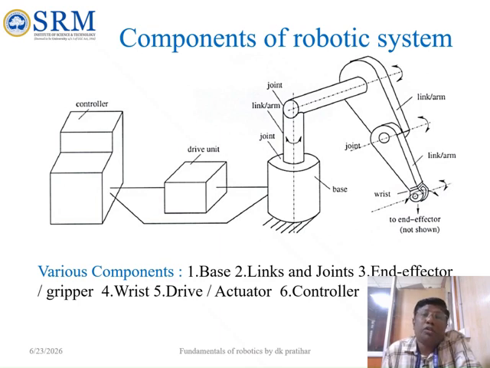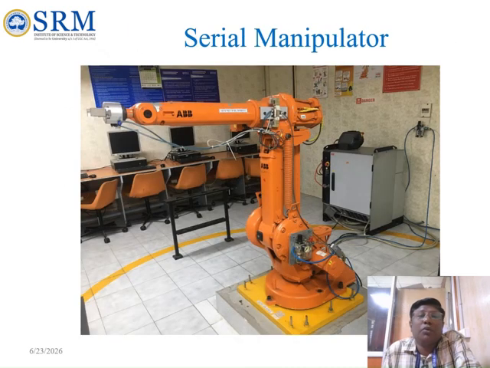So if you look at these components, you will have one controller and driver unit, and this is the component of the robot, and here we are going to use the end effector for doing useful operations. So this is the one which we have in our lab. This is the same one which is shown here.